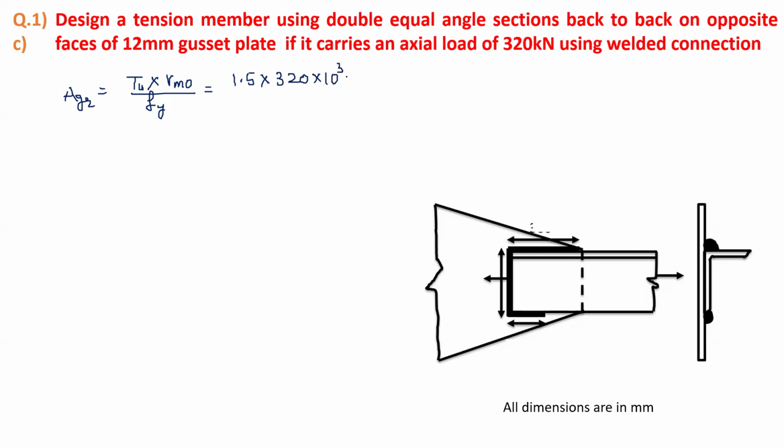This is most important. Into 1.1 divided by 250. And from this we get the A_g required value, that is equal to 2112 millimeter square.